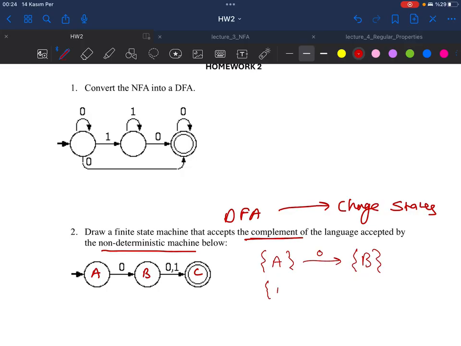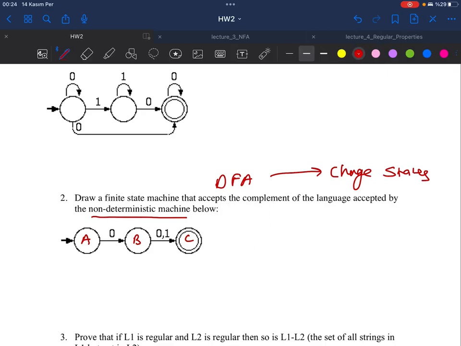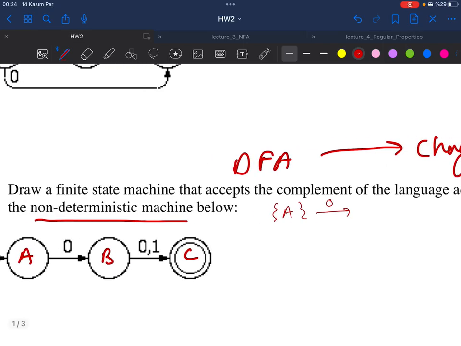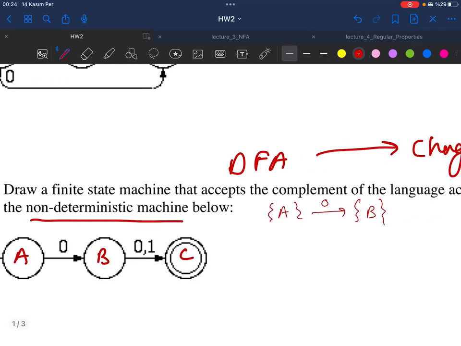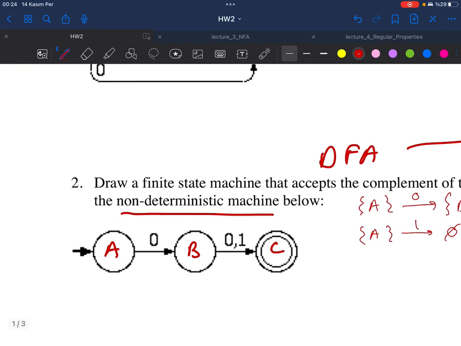In A state, going with 0, we go to B state. In A state, if we go with 1, it will be empty, right? There is no 1 here.